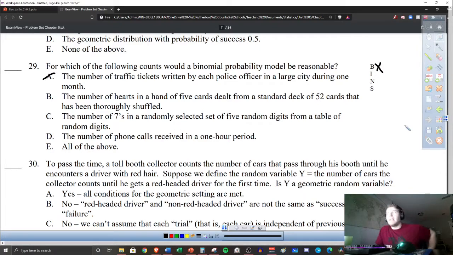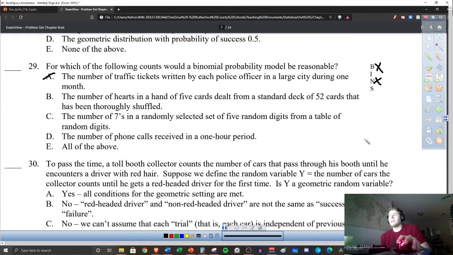But they haven't defined what success is here. They should have said getting 4 hearts in a hand of 5 cards. There's not really a success here. Now, it was thoroughly shuffled, but also you'd put them back and draw another set of cards. We don't really have a set number of trials either.